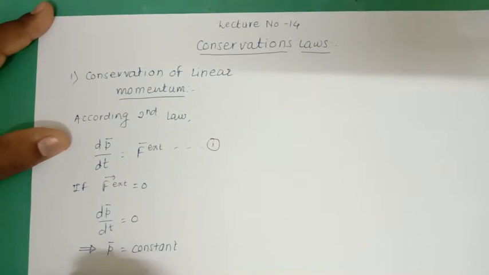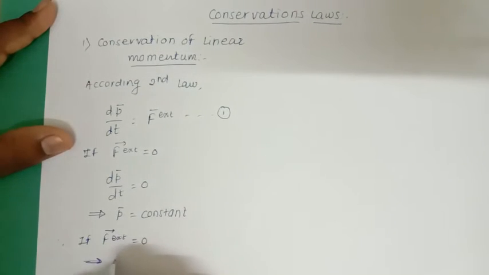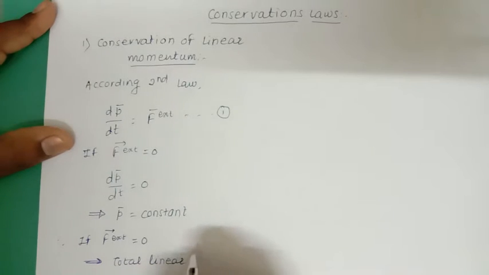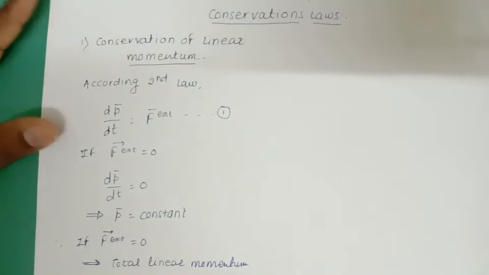So this was the constraint on the system while we study Newton's laws of motion. Therefore, if the external force acting on a particle is 0, then the total linear momentum of the system is a conserved quantity. Linear momentum is conserved when the external force acting on the system comes out to be 0.